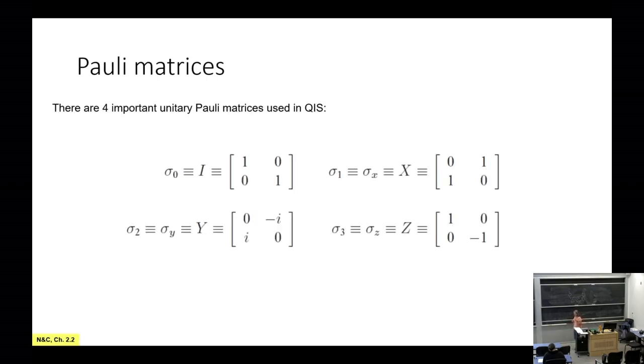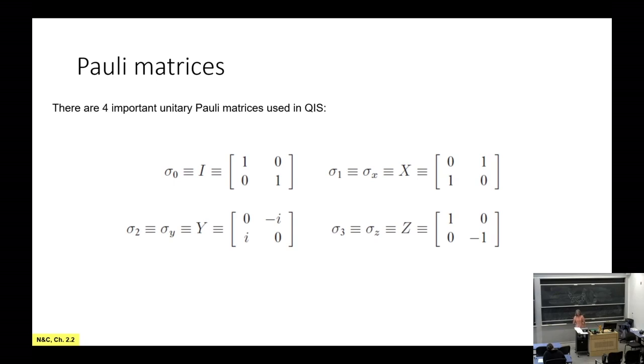Just as quantum mechanics doesn't tell us the state space or the quantum state of a particular quantum system, it doesn't tell us what our unitary operators are in the particular physical system that we're studying.